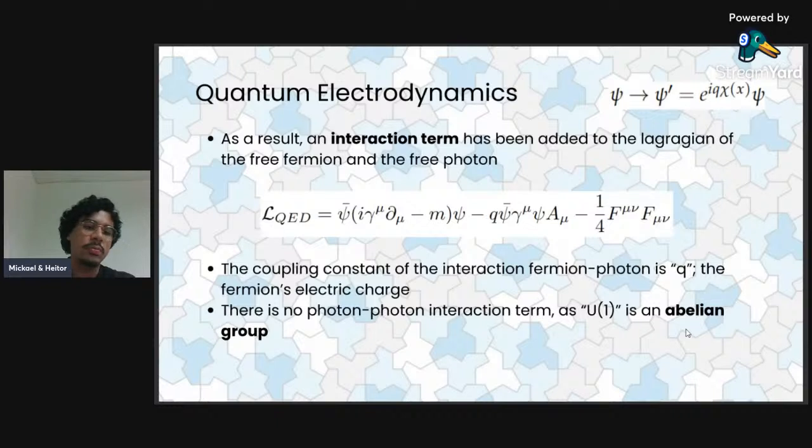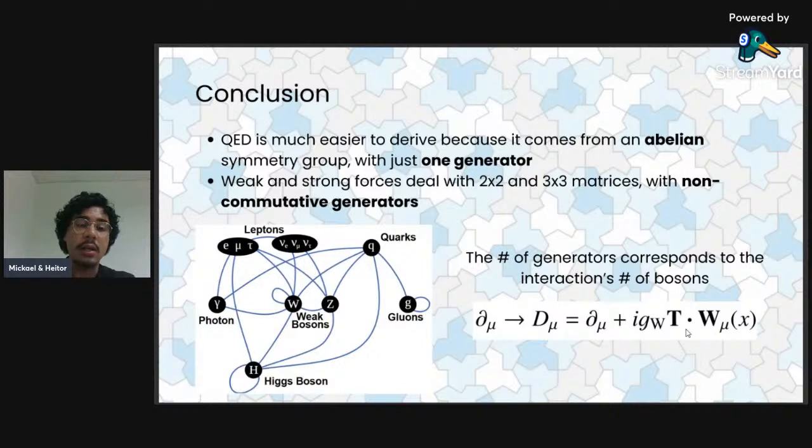Photon just interacts with particles that have charge. And as the photon doesn't interact with itself, it doesn't have charge.